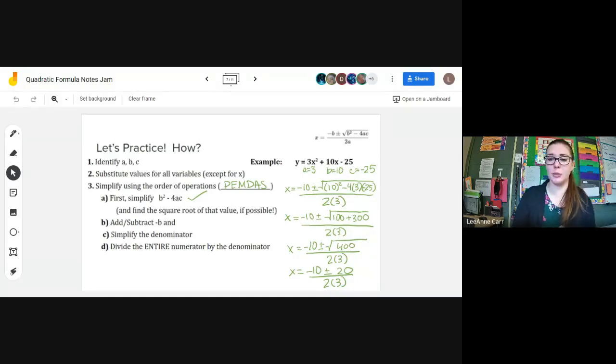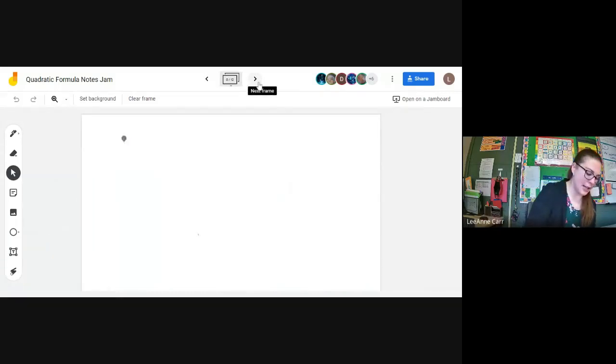Okay, and I'm running out of a little bit of room. So what I'm going to do, I'm going to add a page to my Jamboard, and I'm going to move on to frame 8, and we're just going to wrap up the problem here. So I have negative 10 plus or minus 20 all over 2 times 3.